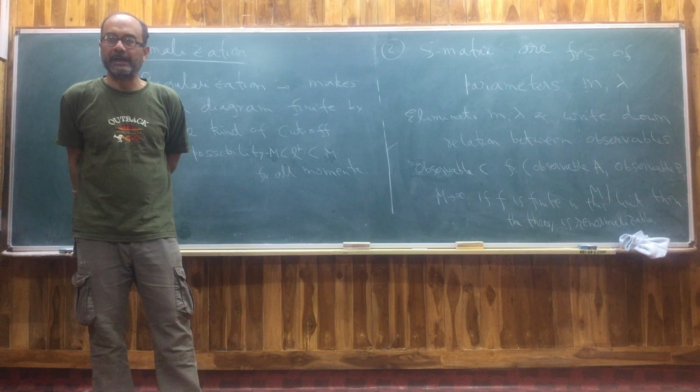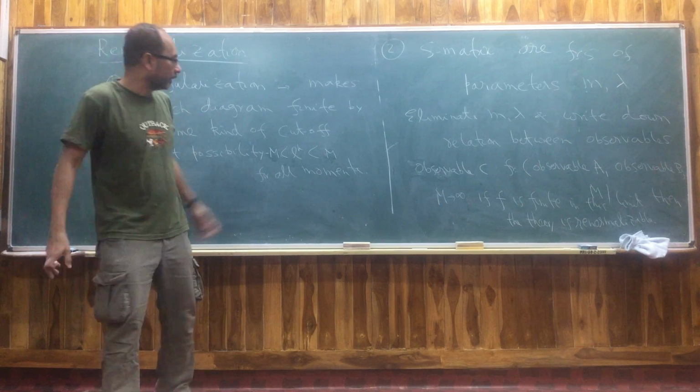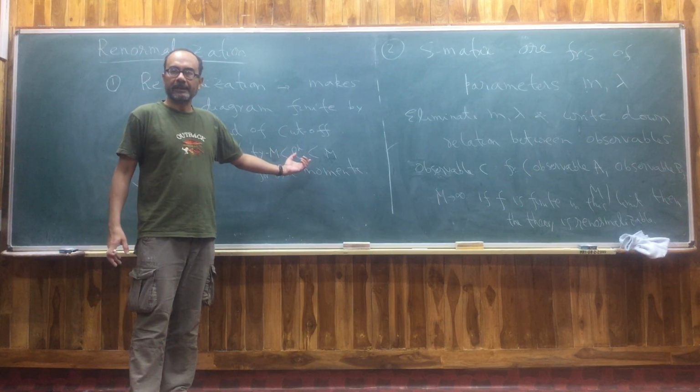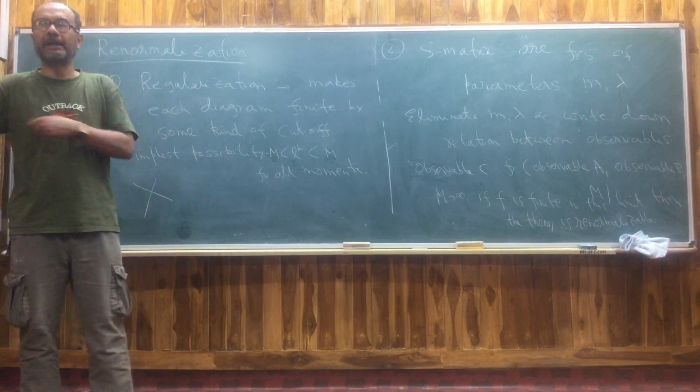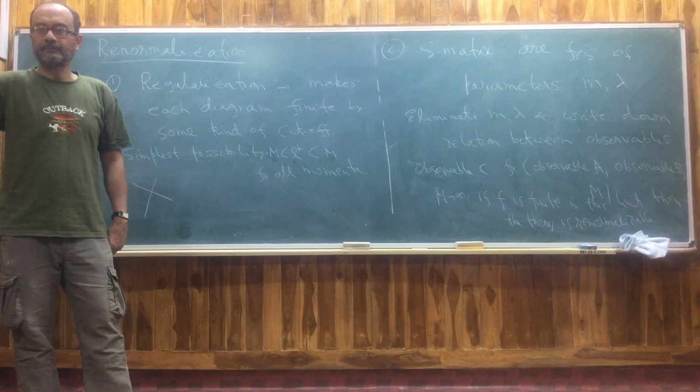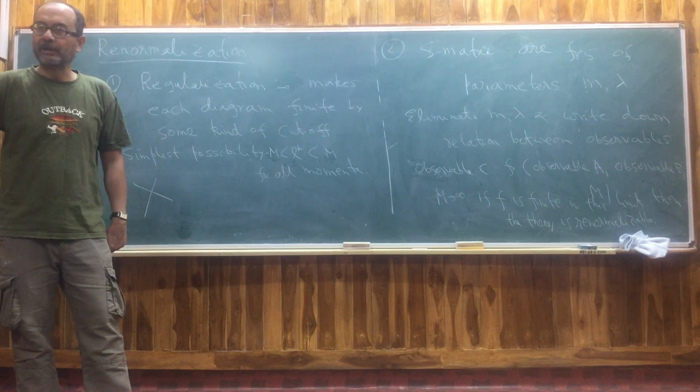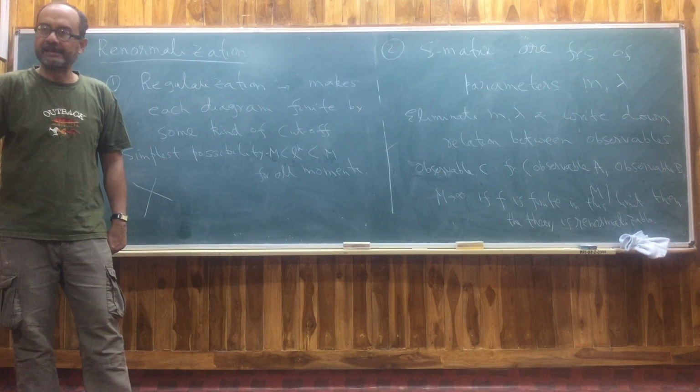If you are defining your momentum integrals by putting this cutoff, then of course things will depend on M, because you are saying that the loop momentum cannot become larger than M. That's not the theory we started with. We have introduced this cutoff M by hand.